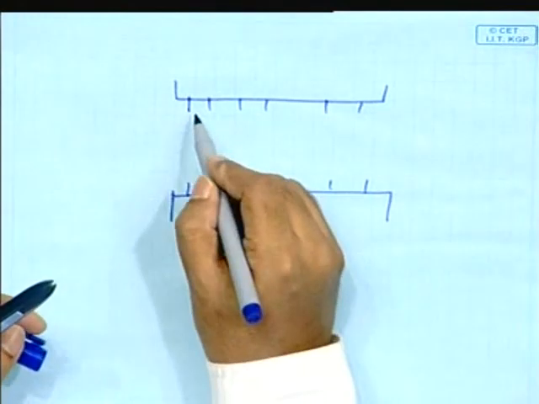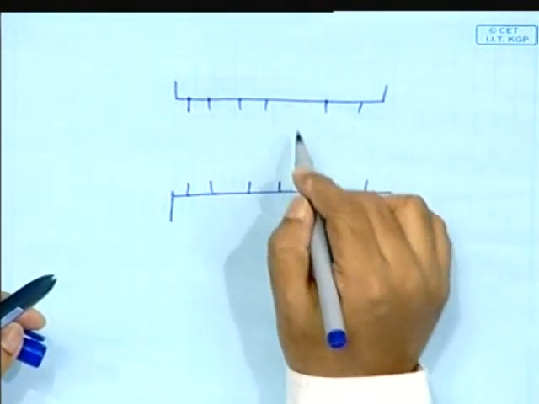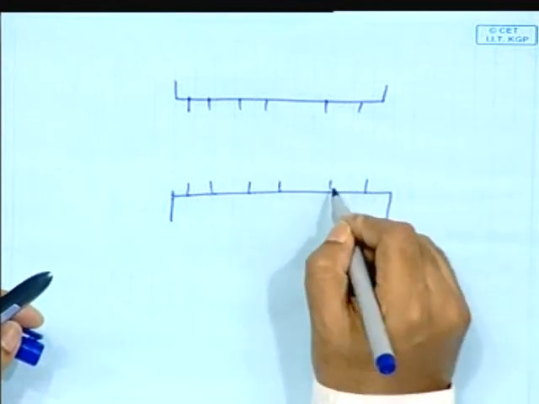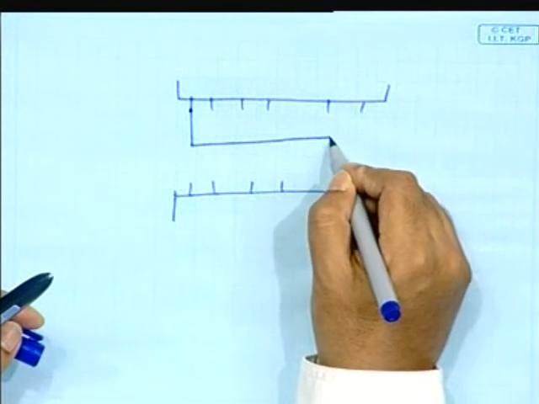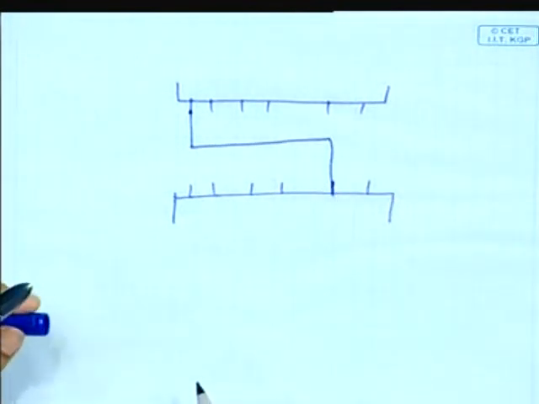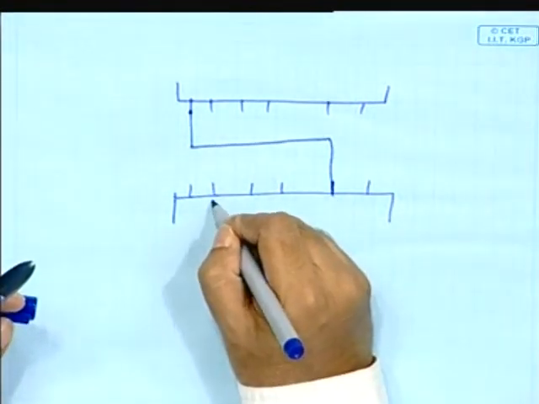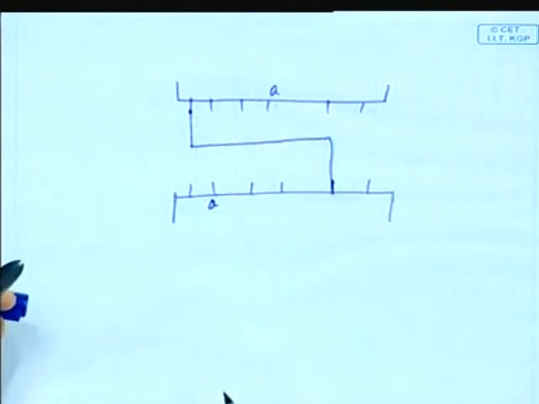So what am I going to do? I am going to support only horizontal and vertical wires. So I have to connect this with this, so I will connect it like this, right. Now if I have to connect this A with this A, how do I connect it?